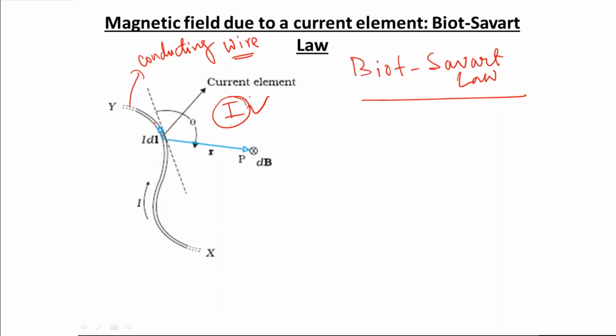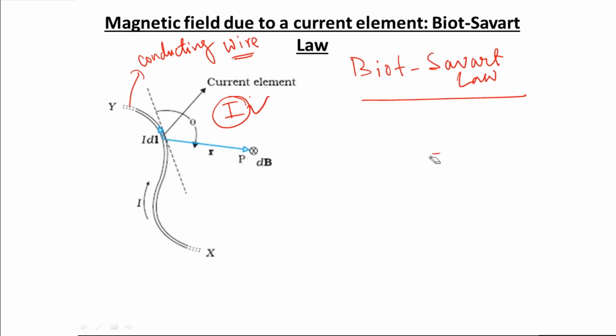Now, if I have been given such a wire, can I calculate the magnetic field at any point around this wire? Here a representative point P is taken. Due to this wire, can I calculate the magnetic field? As you know, a current carrying wire creates a magnetic field around it.